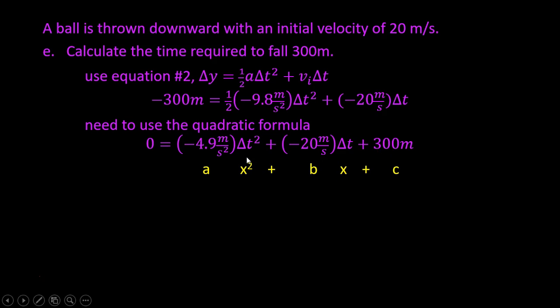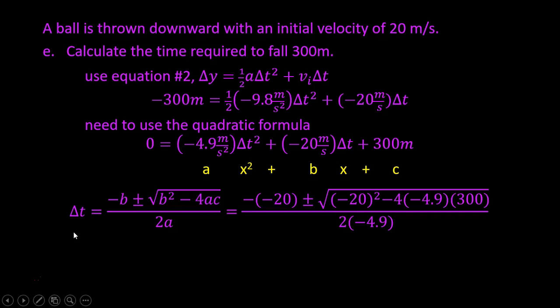If we think back to math class, this equation fits the form of a quadratic equation, a times x squared plus b times x plus c. Notice delta t squared replaces x squared, delta t replaces x. Our a value is negative 4.9, the b coefficient is negative 20, and the c is 300.